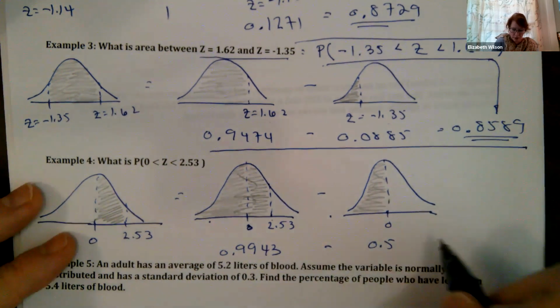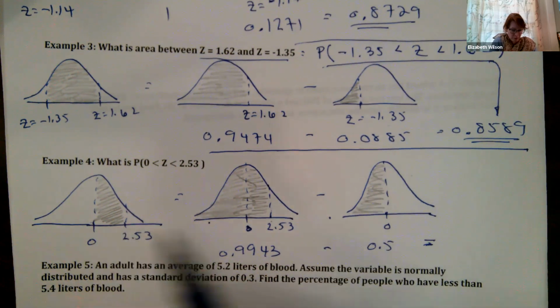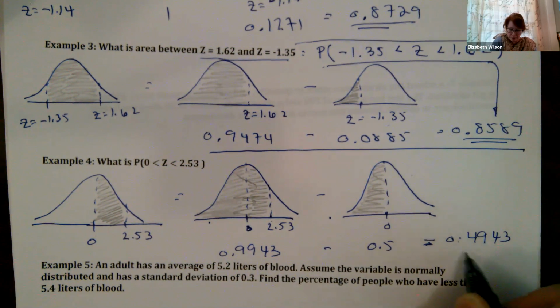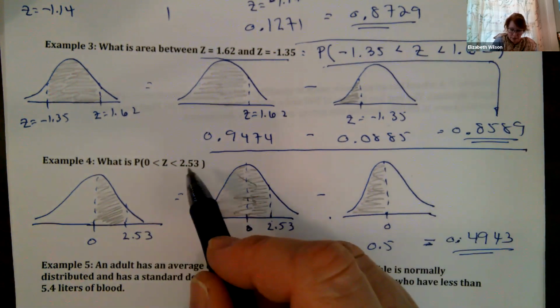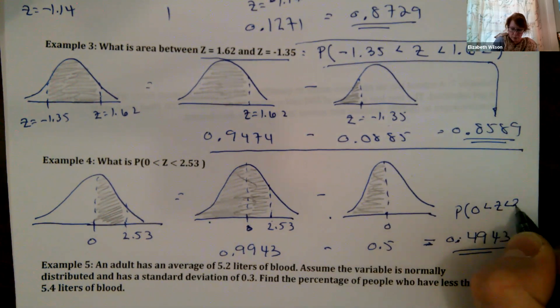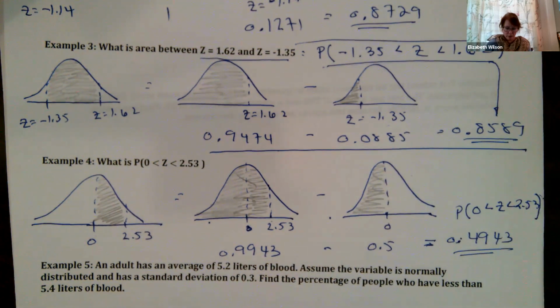Okay, so I subtract these two out. The area between 0 and 2.53 is 0.4943. This is the probability that z is between 0 and 2.53. Remember, the area under our curve is a probability. That's how we think about and how we read our table.